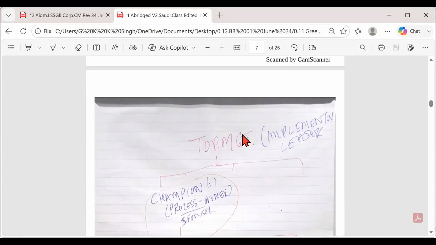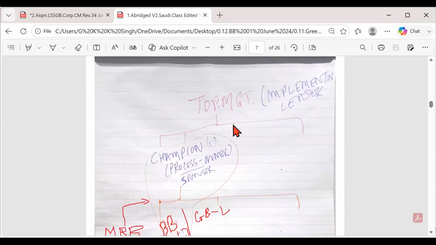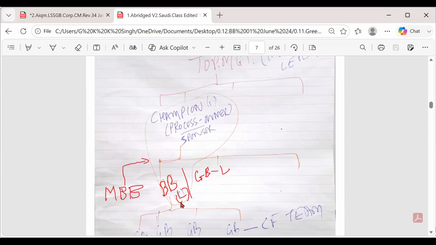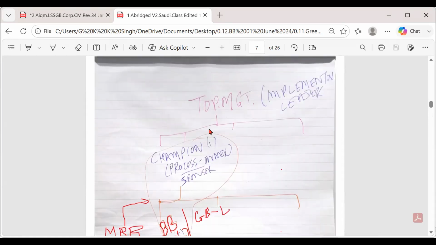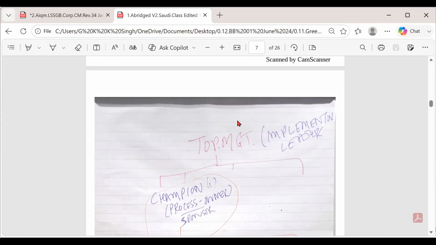So this is the leader of the project, this BBL or GBL, the black belt leader or the green belt leader, reporting to the process owner, whom we call the champion. And the champion reports to the top management, whom we call the implementation leader.